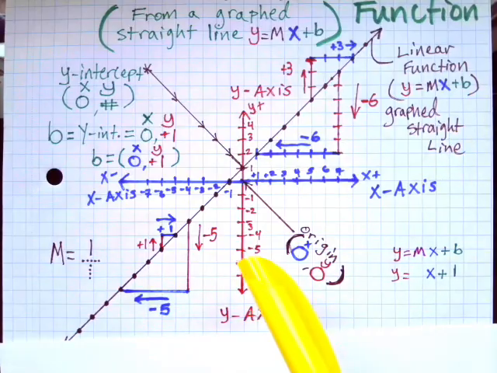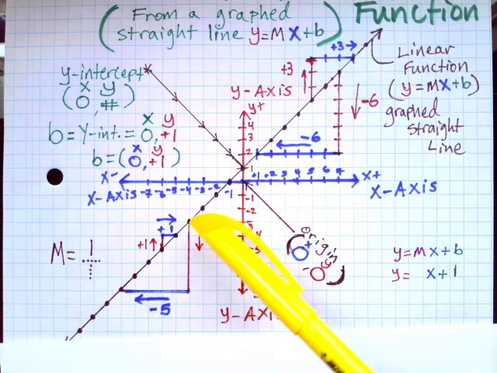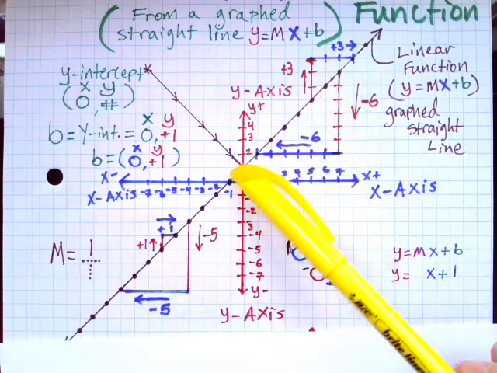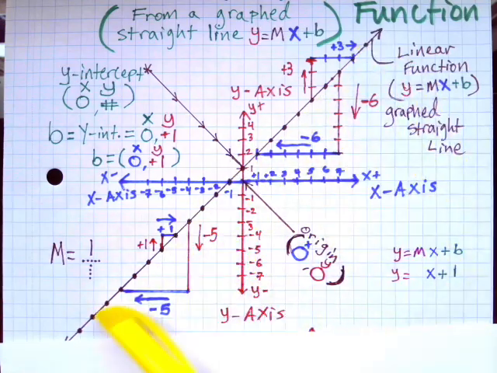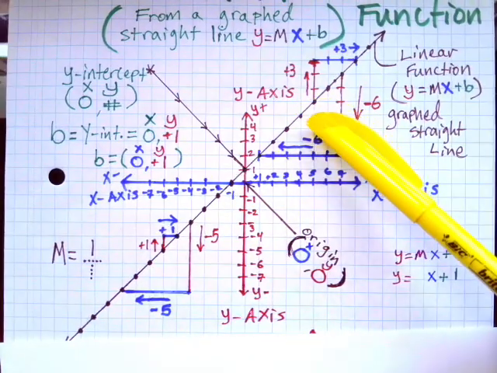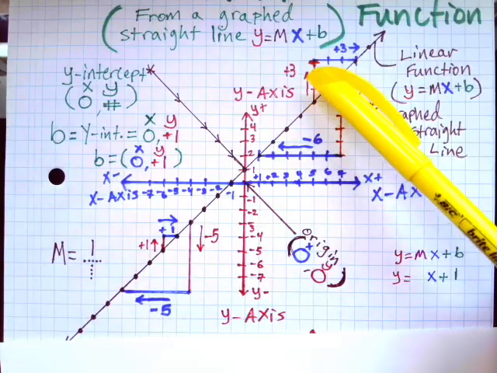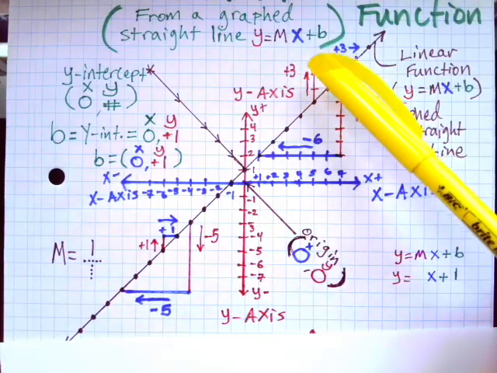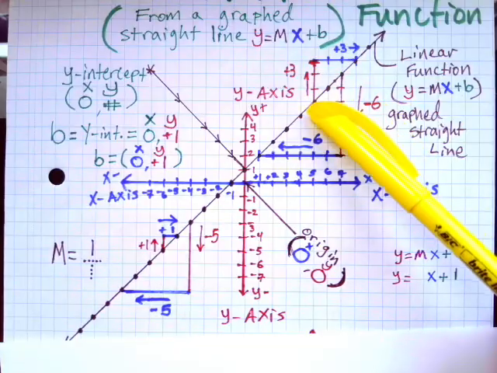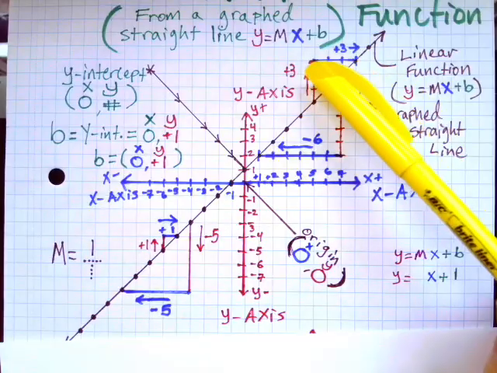So remember, in video 5, I showed you how you could go from any point on the graphed line. And if you're not familiar with this, please revert back to part 5 of the series. I show you how the slope is rise, right? That's your y value, the top part of your fraction, over run. That's your x value.